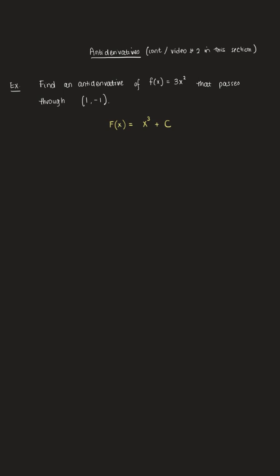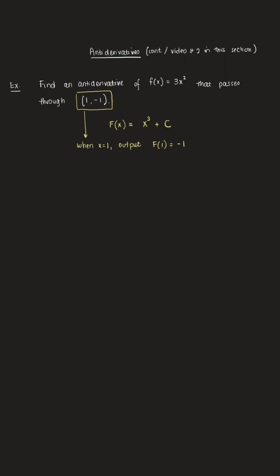But we want a specific one that passes through the point (1, -1). So this condition is going to allow us to find one solution, because we know that when x is 1, when the input is 1, the output, we can call that f(1), will be -1.